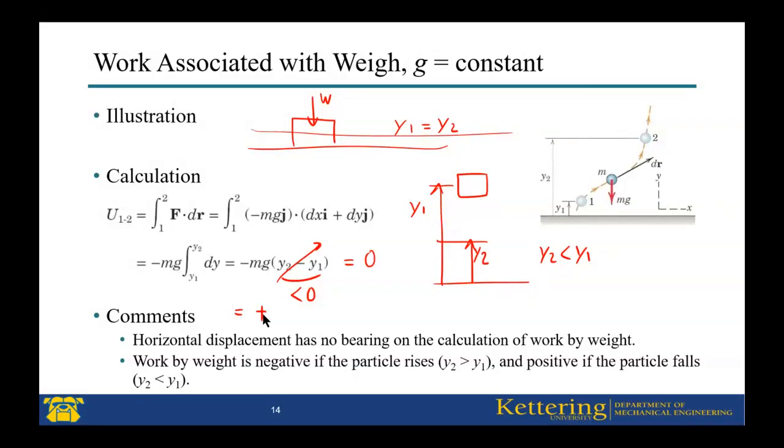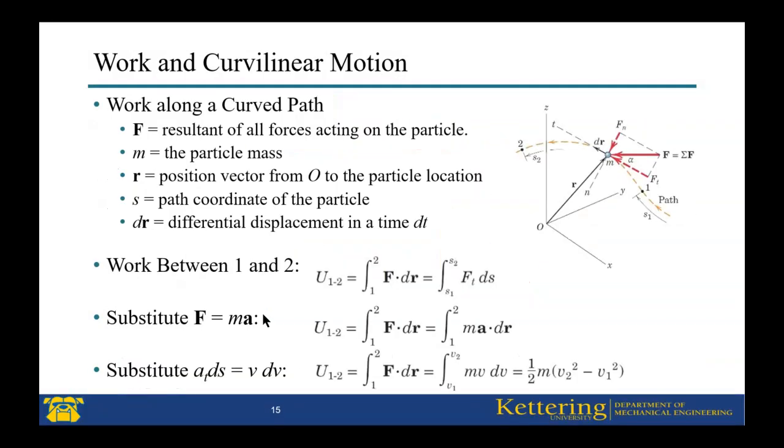Can move to the next slide. Now, the work for a curvilinear motion. If a particle moves on a curved path, the general force or the resultant force is applied to this particle with mass m, and the position will change during the time, and this particle moves along this curve from state 1 to state 2.